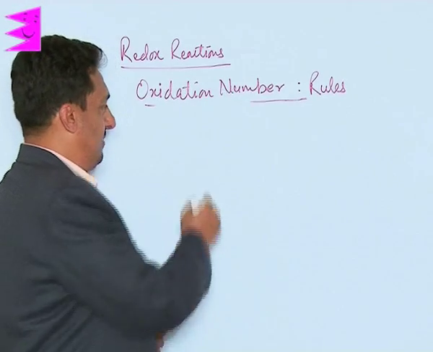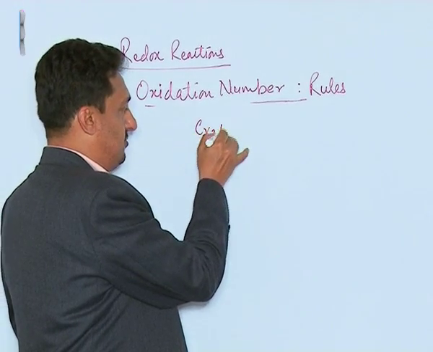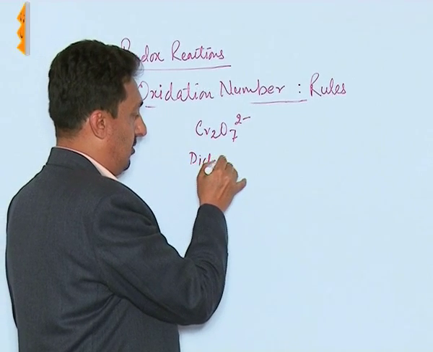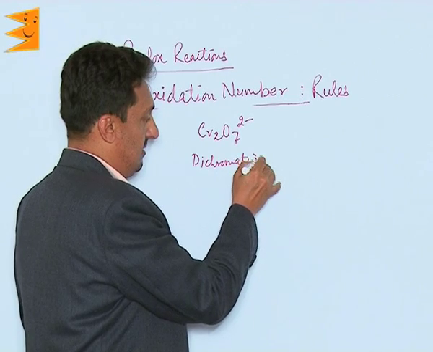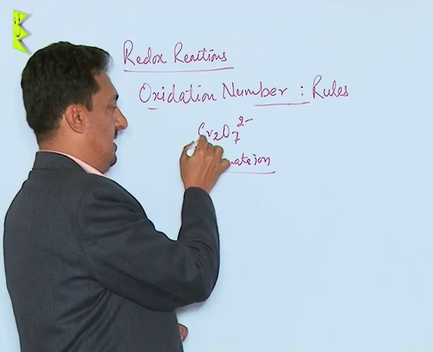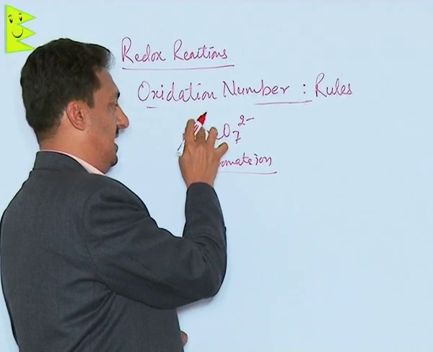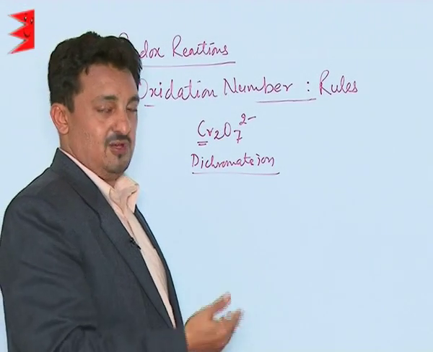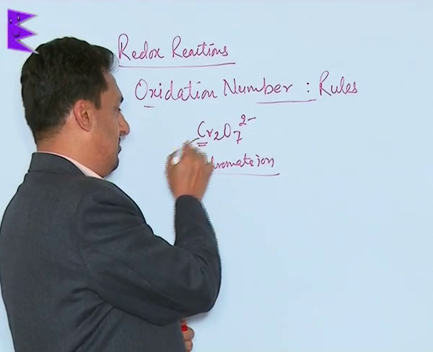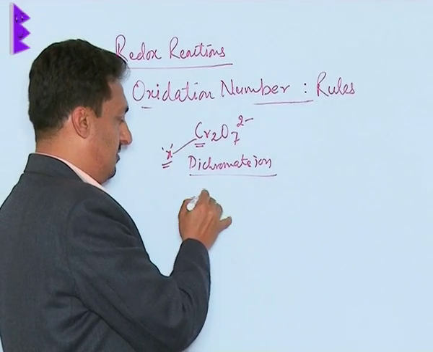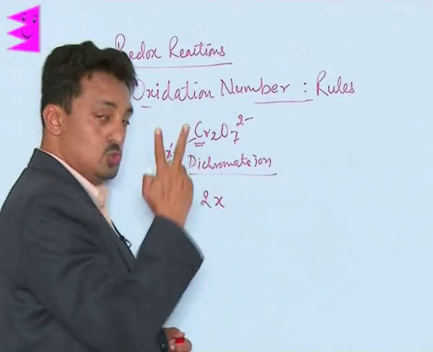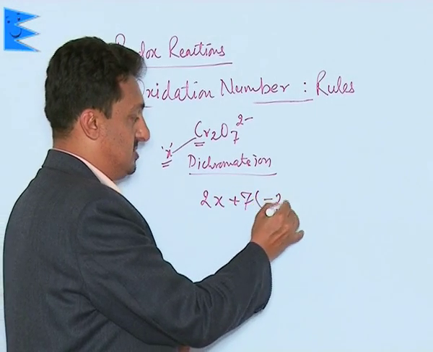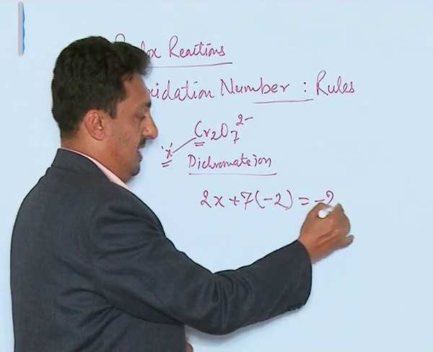Let us take the example of Cr2O7 2-. This is called a dichromate ion. In this, we want to find out what the number of electrons is that the chromium has lost or gained. Let us take it to be X. So it will be twice X because there are 2 chromium atoms, and there are 7 oxygens all in the -2 state, equal to -2.